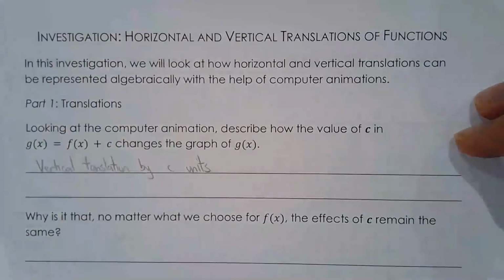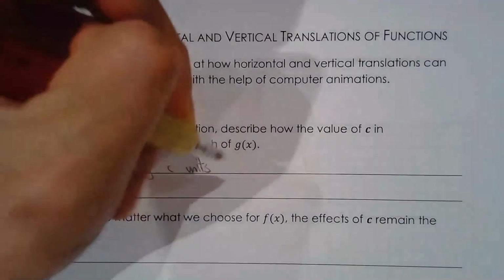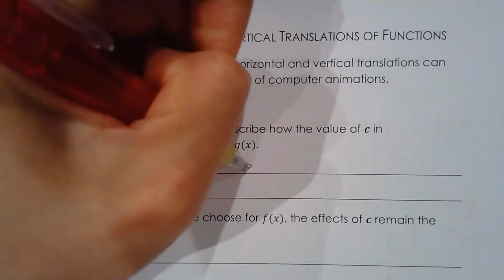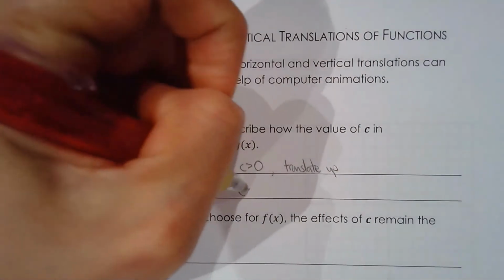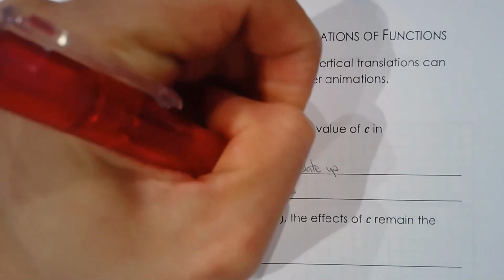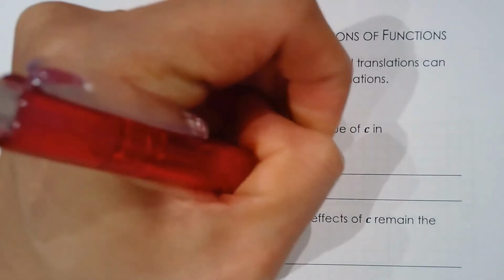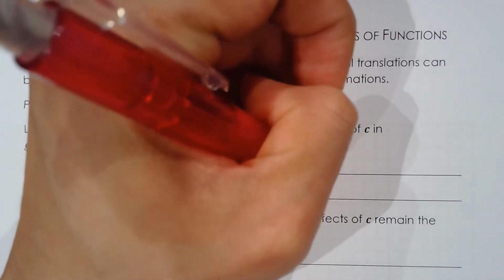If c is greater than 0, we translate upwards. If c is less than 0, we translate downwards.